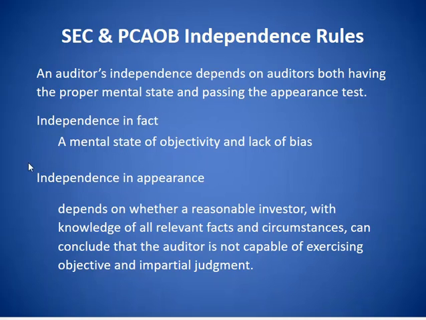Also, another very interesting rule, and this can be a little tough sometimes, the CPA also has to have independence in appearance. And what does that really mean in terms of appearance? Because that can almost mean anything.